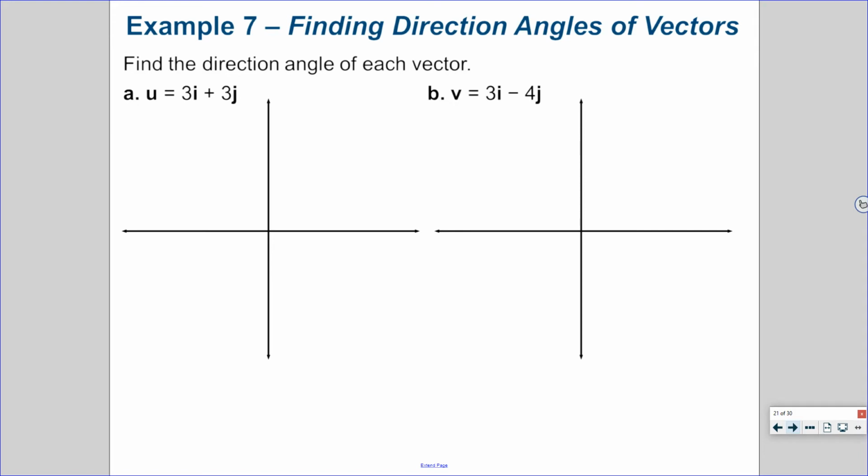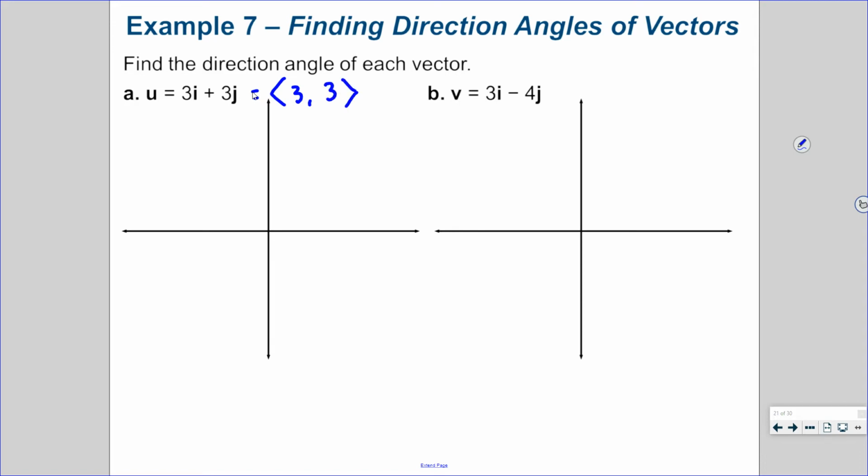Here's a pretty classic one where you're given the linear combination form of the vector and you need to find the direction angle. Okay, so I personally like to see this in component form. You don't have to, but for me it's easier to graph the vector if I see it written in that component form. So this vector u just says we have a horizontal component of 3 and a vertical component of also 3.